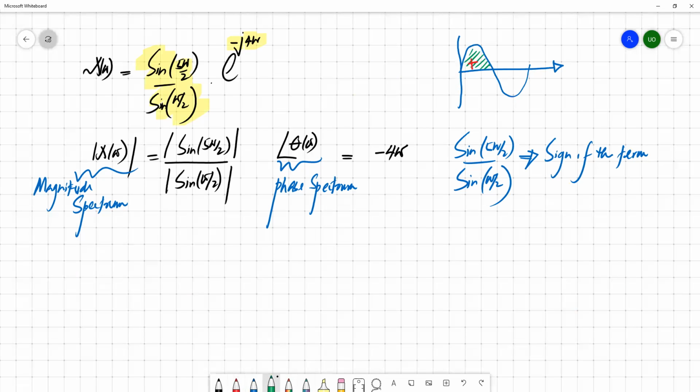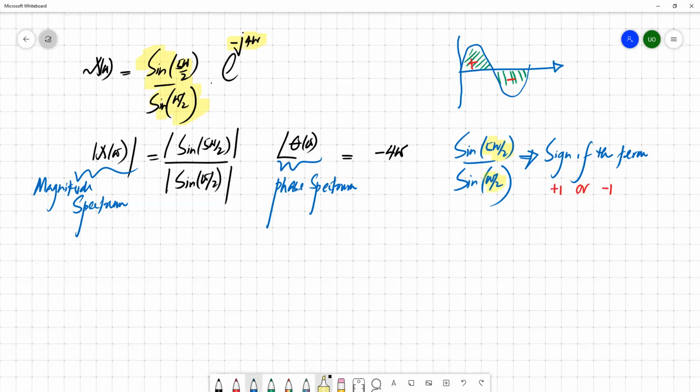If the values are in this negative region, the sine function introduces a minus 1. So this may be either plus 1 or minus 1, depending on the value of these two blocks.